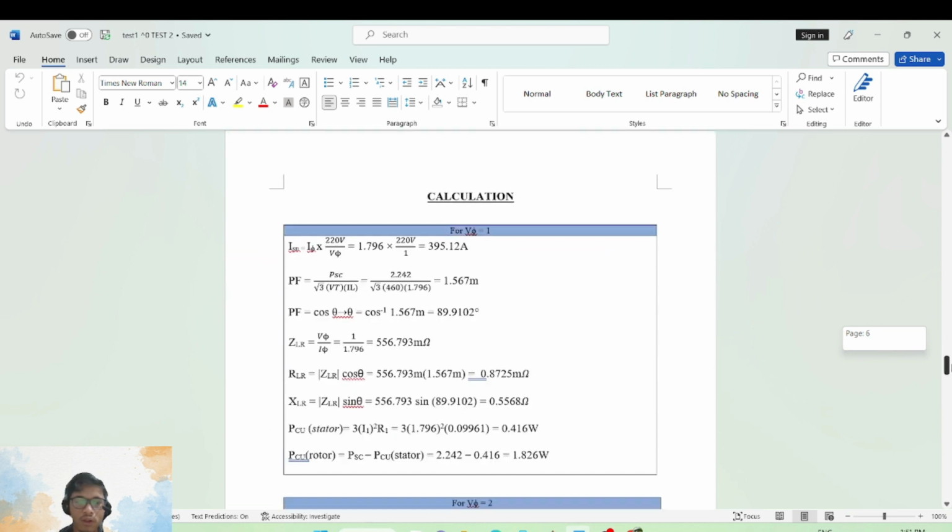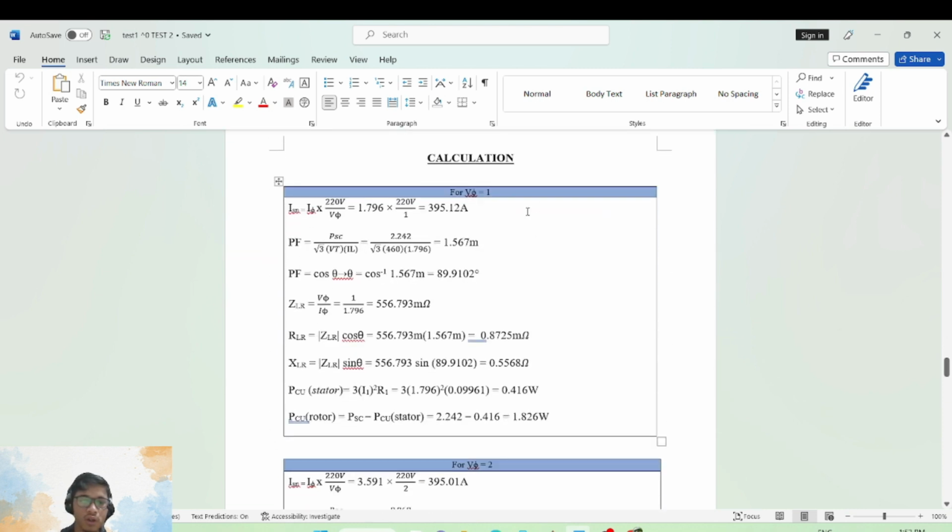And then this is the calculation that we make.